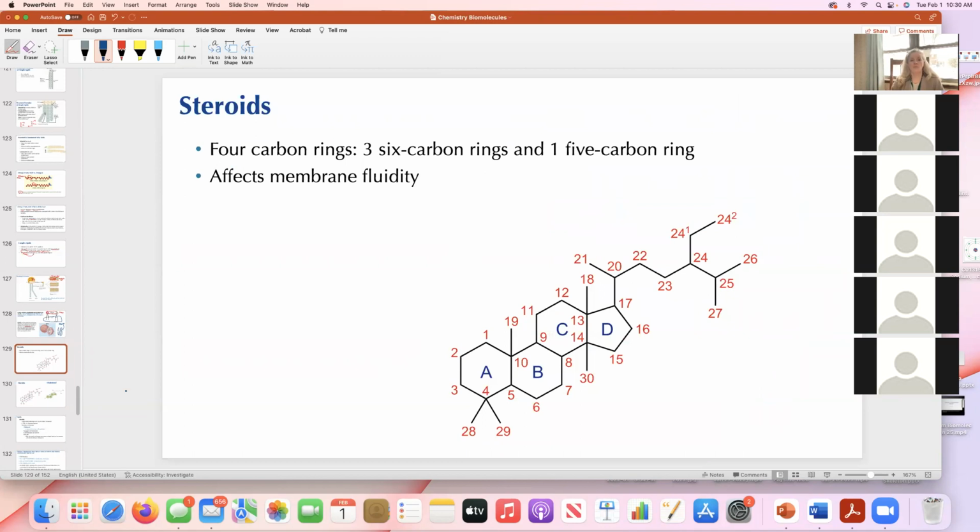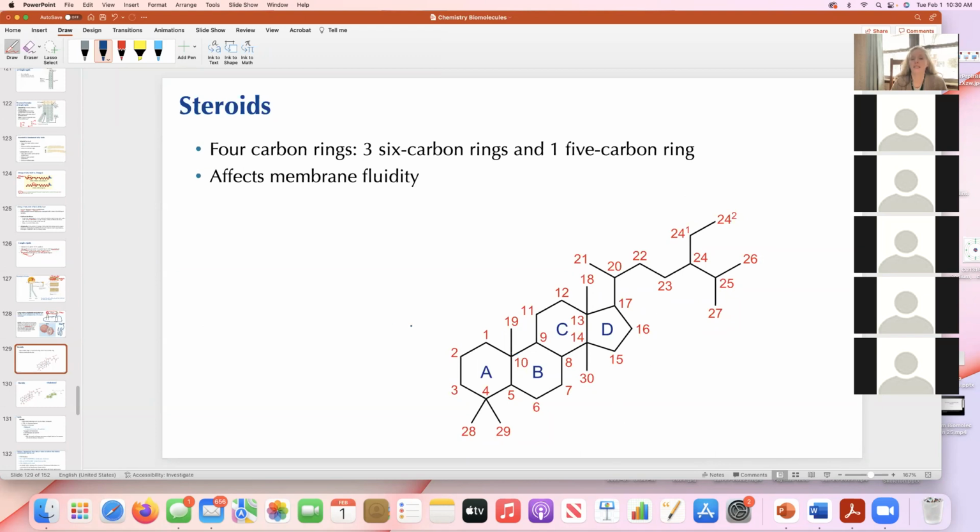All right, moving on, our next lipid that we're concerned with is steroids. Steroids will all be based off of this 4-ring structure, three 6-carbon rings that are somewhat open and one 5-carbon ring.